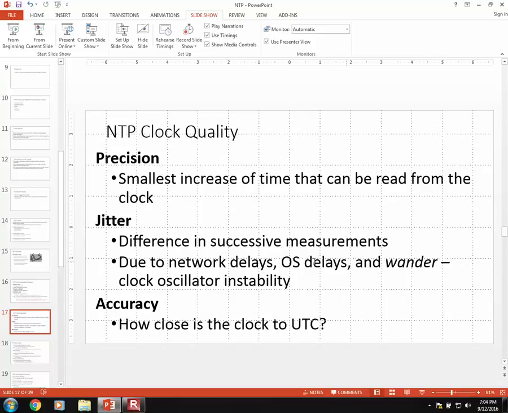It could be due to delays on the operating system of the sender or the receiver, because they're doing more than just dealing with time, they're doing other processing. And wander, in case you have a clock whose oscillators become unstable. And then accuracy. And this is the thing that you're always going to be working on, is how close is the clock to UTC.